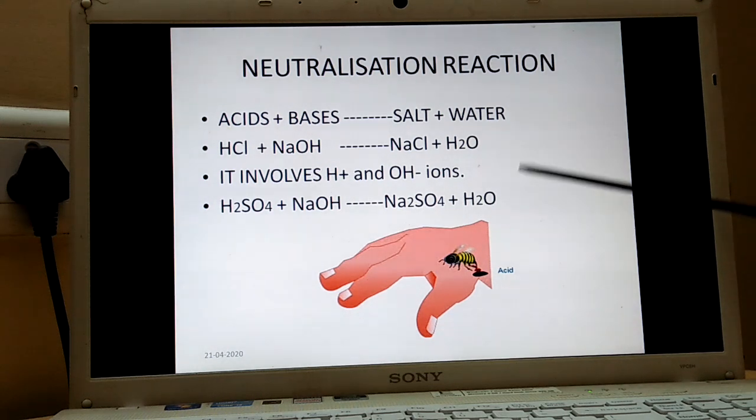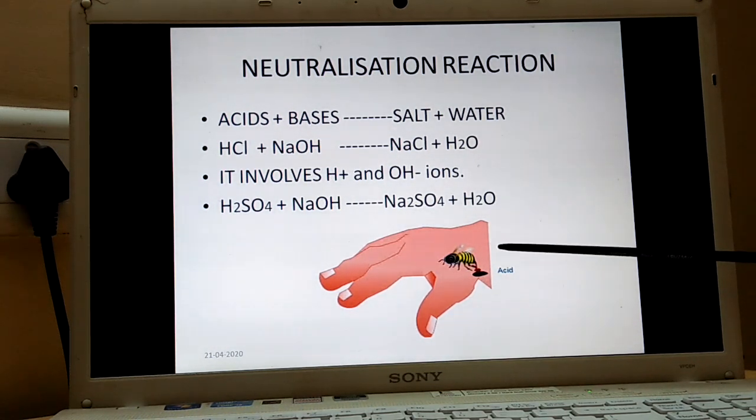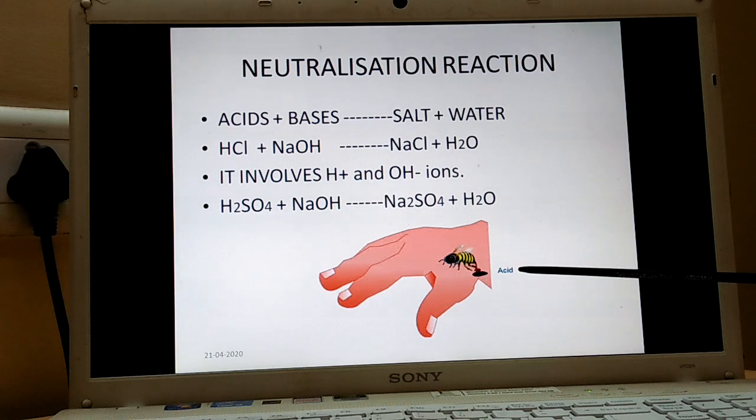Now this reaction can be easily understood. I have given here the example, that is the honey bee. It contains an acid. Have you noticed, if a honey bee bites, it leaves an acid inside our body. The name of that acid is methanoic acid, or it is also known as formic acid.